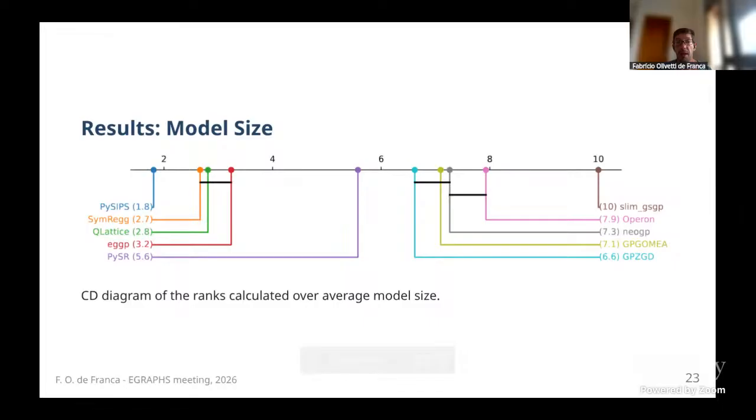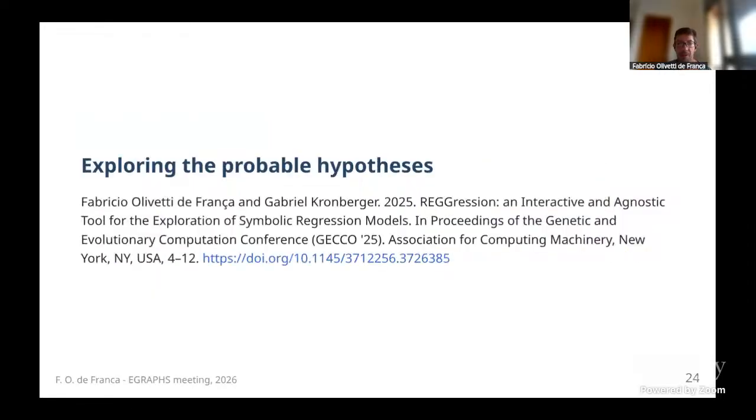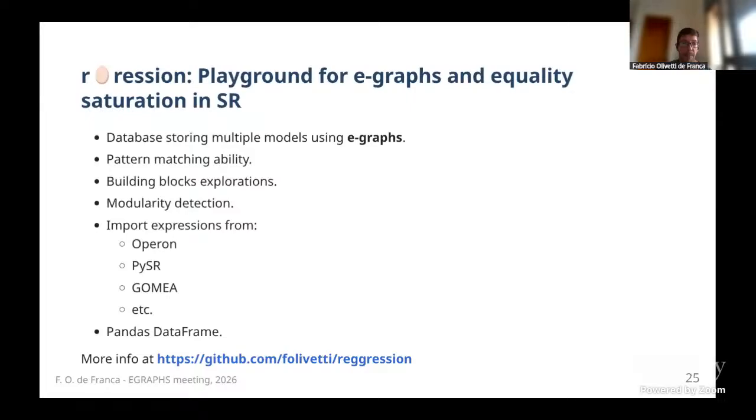All right, so another consequence of doing this algorithm, together with the library SR3, is that we created this tool called Reggression with 2 Gs. That is some sort of a database of expressions that can be used to explore different hypotheses. So let's say that after we finish running this eGGP, we save the current state of the eGraph into a file.